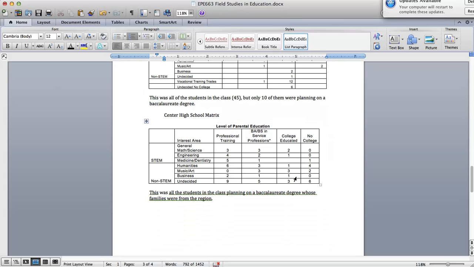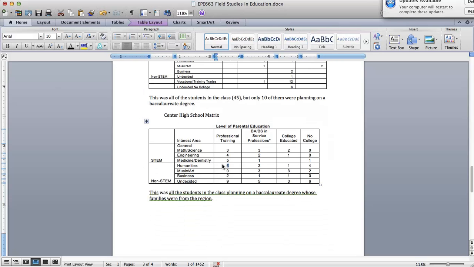Okay, so that tells you, and then so what I would do is that, like, say from this non-STEM group of 17 students whose parents had professional training, I would randomly pick one of them, recruit that student.